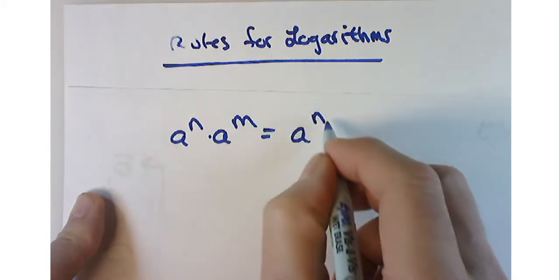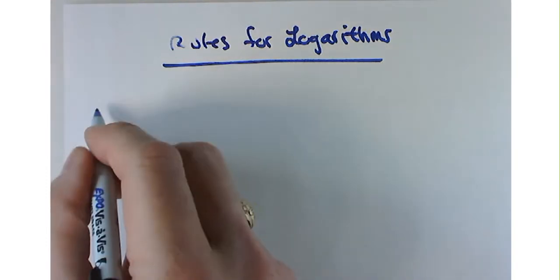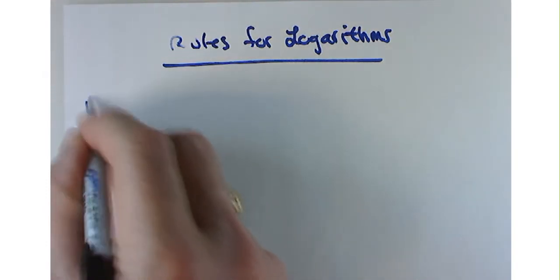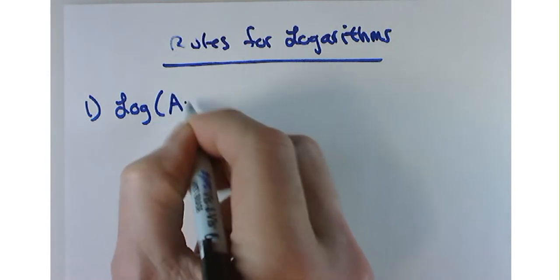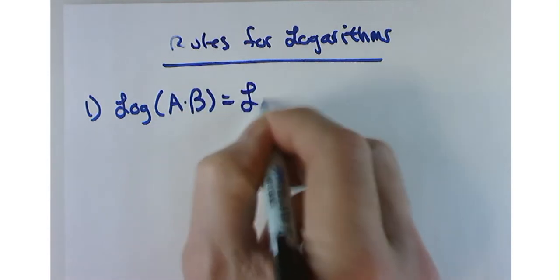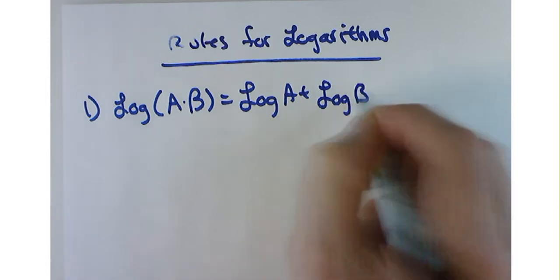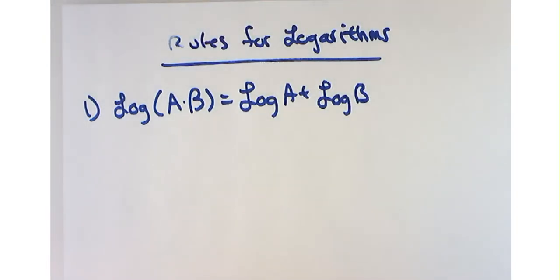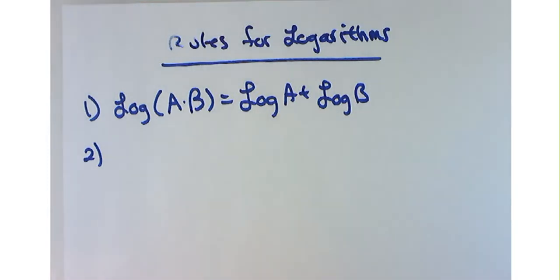Well, you add them. And likewise with logarithms, so log of a times b is going to be the log of a plus the log of b. That's our product rule.